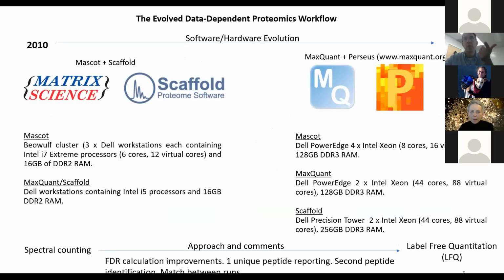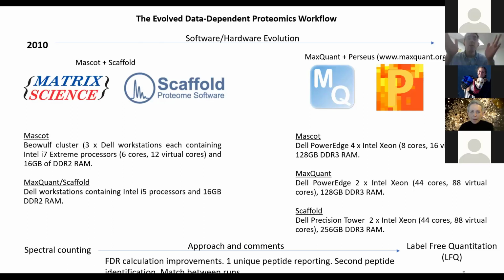On the software and hardware evolution side, hardware being computing power, obviously computing power has come down a ridiculous amount. So when we first got started, we were running Mascot from Matrix Science, Scaffold from Proteome Software on the Beowulf cluster, and Dell workstations. And now we're running on PowerEdge servers with a lot more RAM and a lot more processing power, and really the cash investment there is not too crazy.